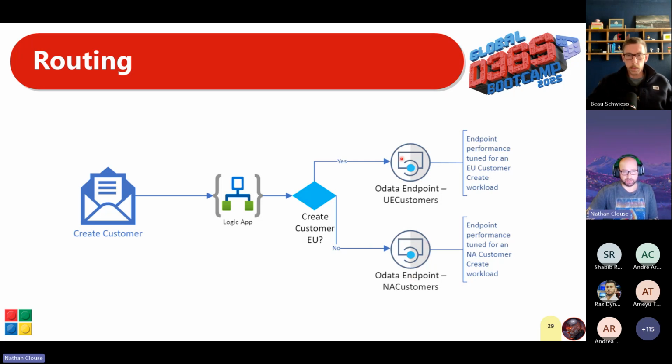And this is important because our data requirements for our EU customers may be different than our North America customers. So for instance, Italy has some additional data point requirements around customers that North America customers do not have.